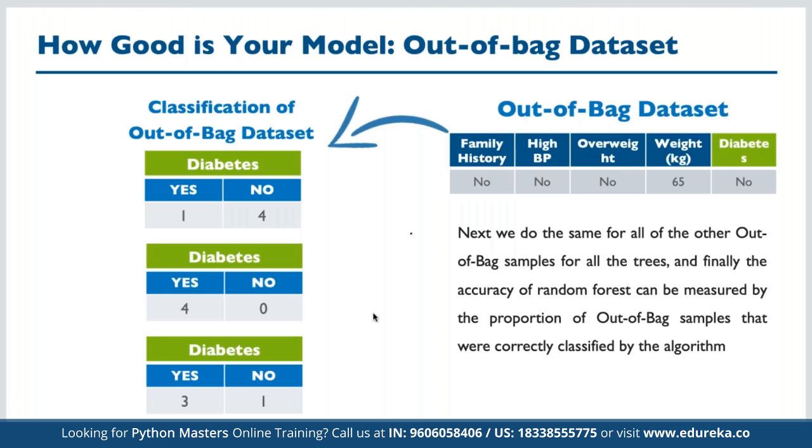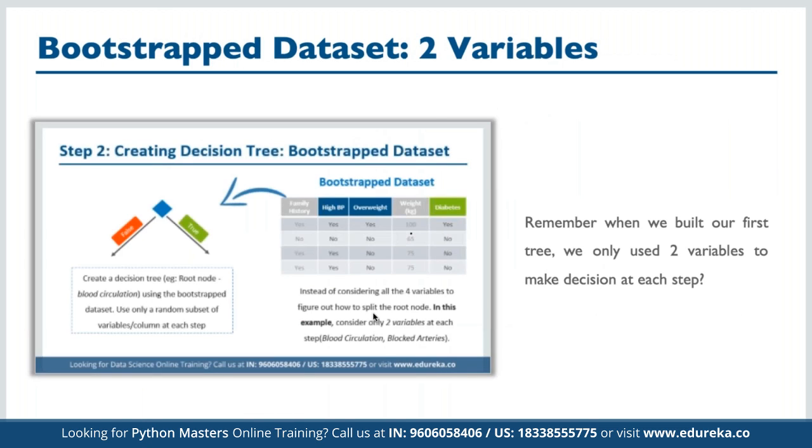And depending on your initial confidence level, if this accuracy is beyond that threshold, like maybe 90%, 95%, 99%, whatever your threshold is, then you would say that your model is working fine. Otherwise, you have to retrain or do the tuning, or pick some different model. Now, if you remember, in the first example, we looked at 2 variables to split your node.